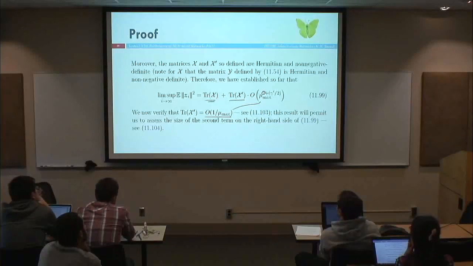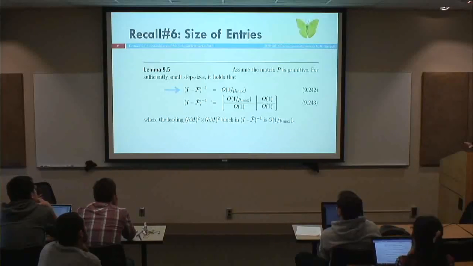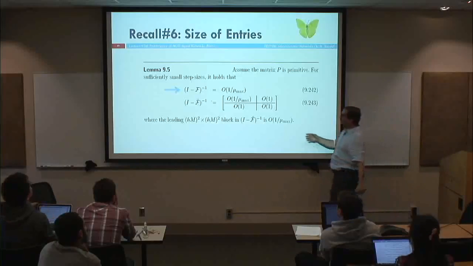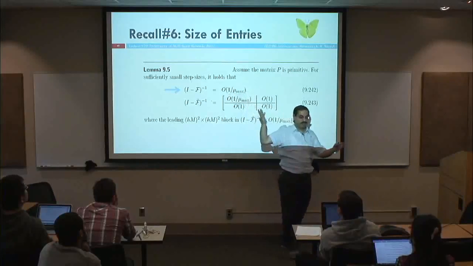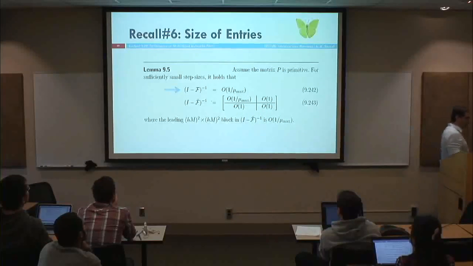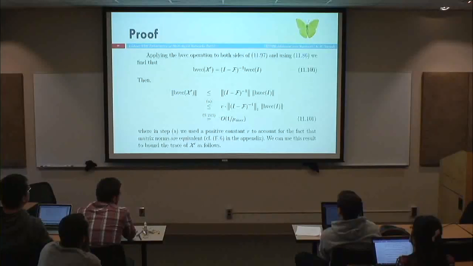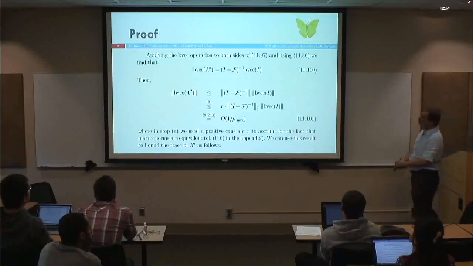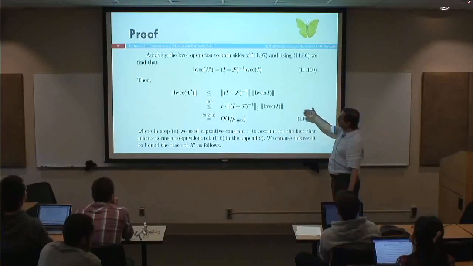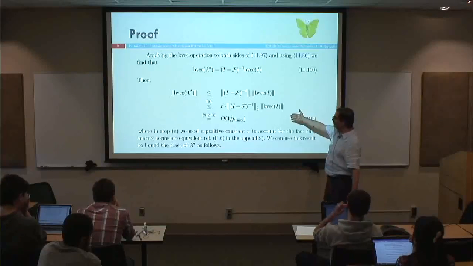And this trace of x, oh, here is the lemma, that I minus f inverse is of that order. So this simplifies the argument. So here it is, for example. I already have it here, actually.